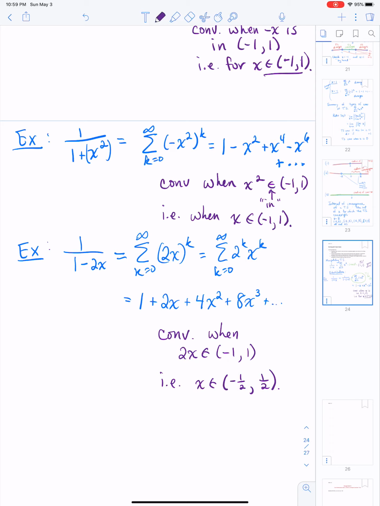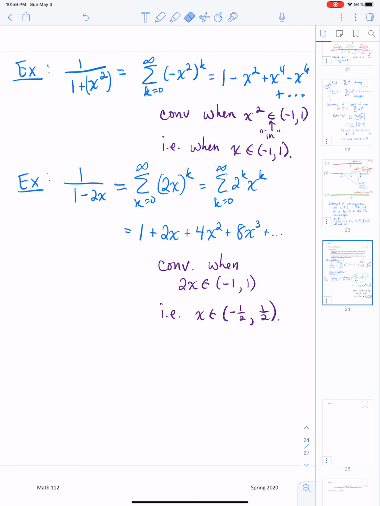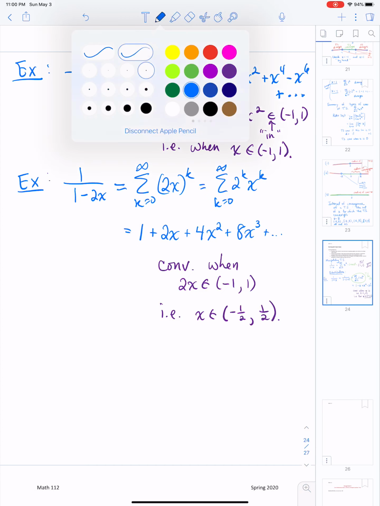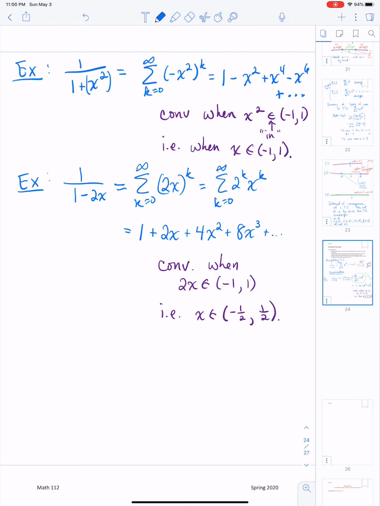Another example would be taking derivatives. So we can actually do calculus operations. You can also integrate and differentiate. So here's an example.